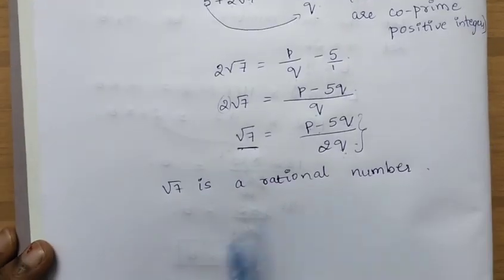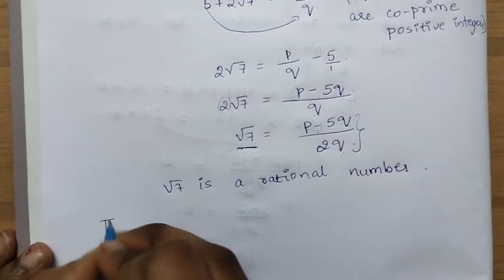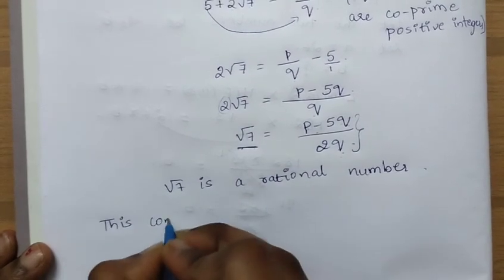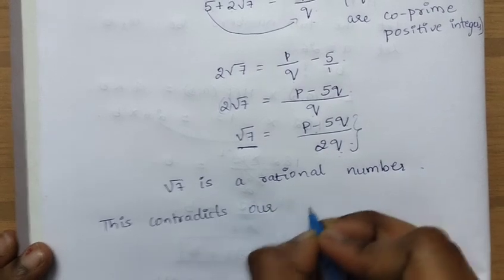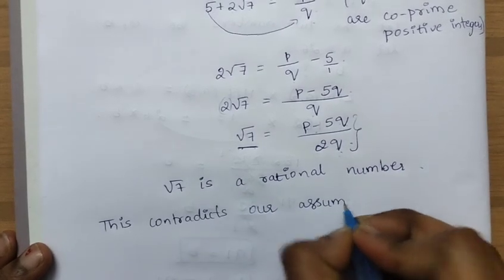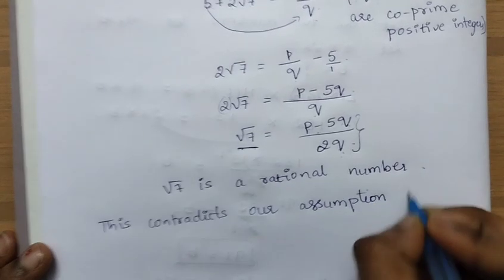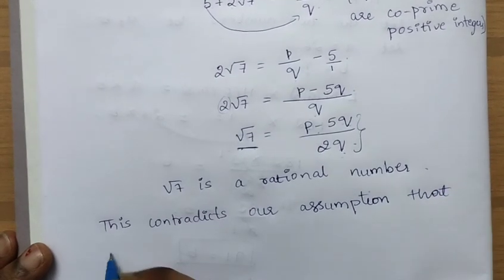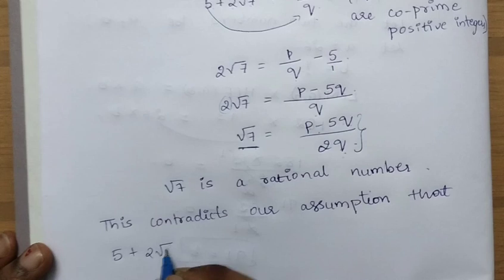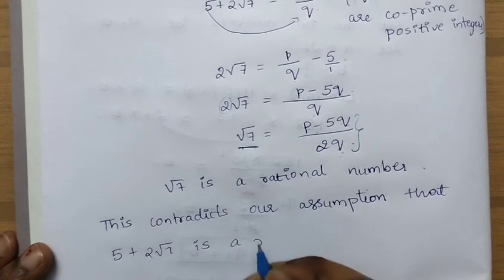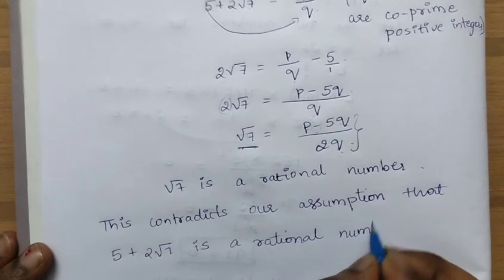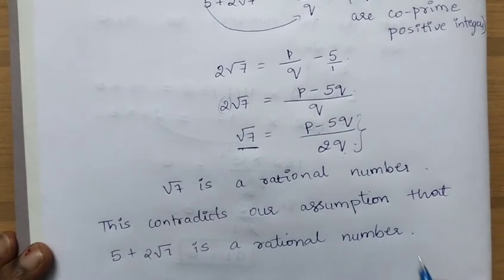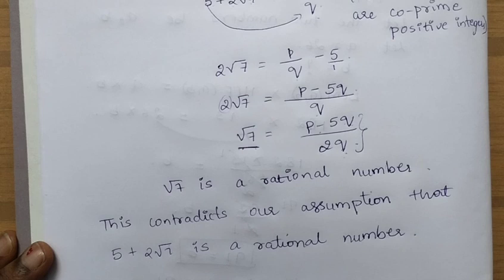So I can write this as: this contradicts our assumption that 5 plus 2 root 7 is a rational number.